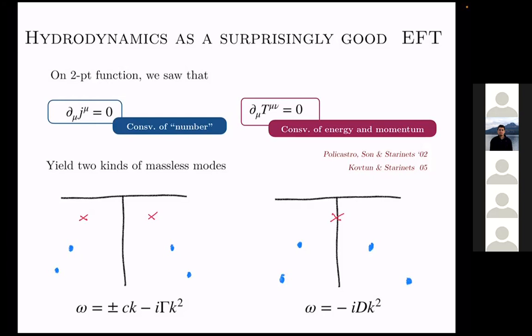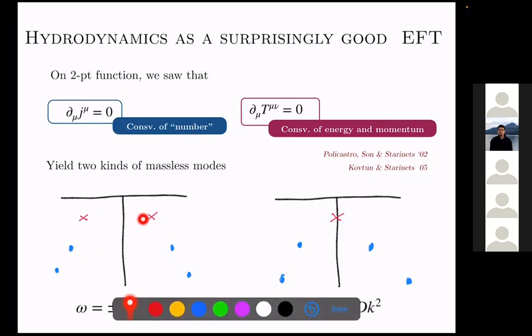back in Policastro, Son and Starinets in 2002, and you can also try to compute the 2-point function numerically. What you would see is not just the hydrodynamic modes, but also bunches of other poles that have a real part, and at k to 0 have a finite imaginary part, at the scale set by the temperature.